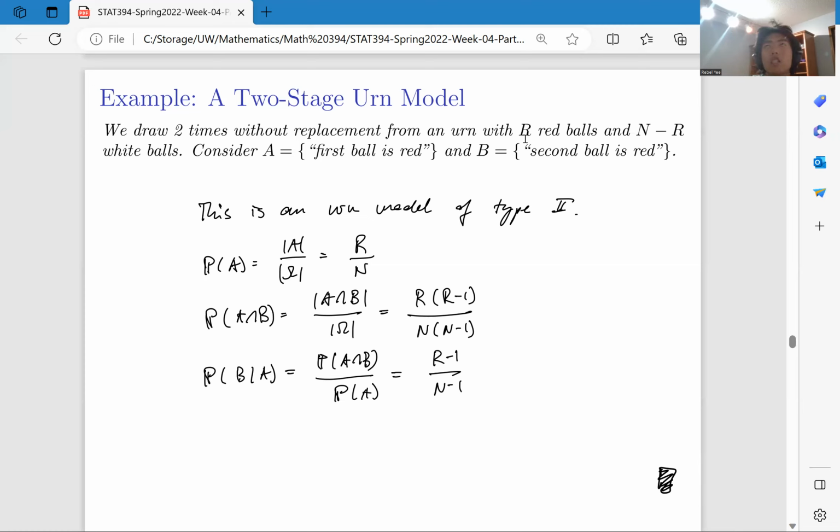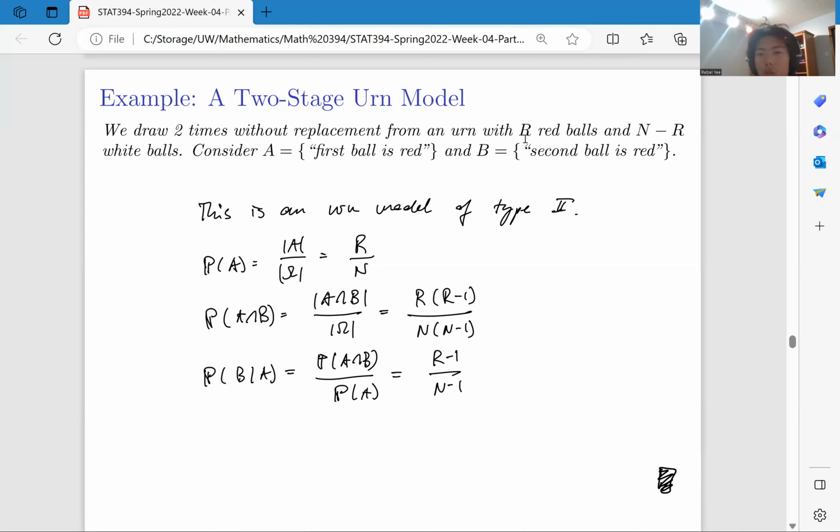This means the first ball is a red ball, and the second ball at the same time is a red ball. So this is R over N times R minus 1 over N minus 1, because at the second draw you already lose 1 red ball, and the urn loses 1 ball in total.